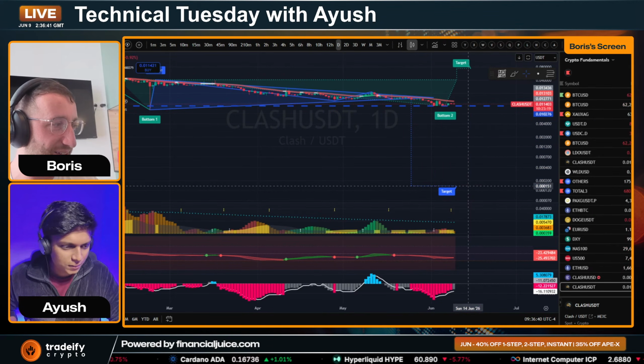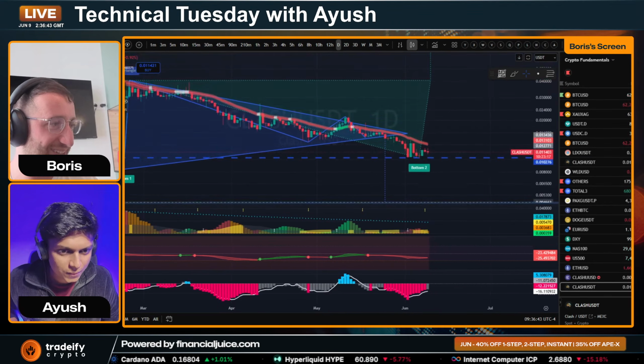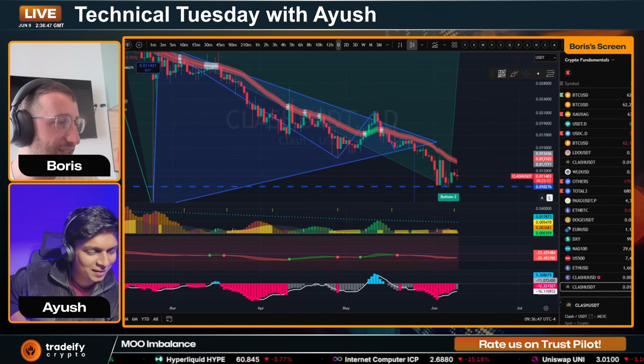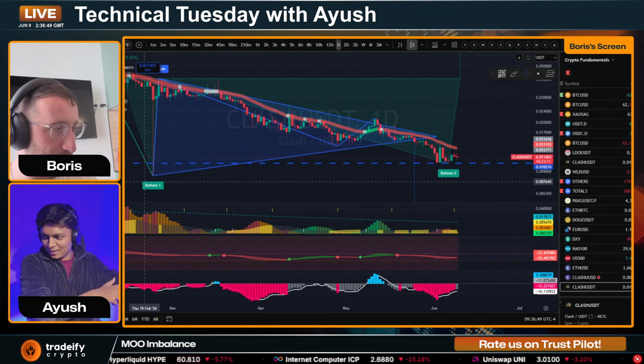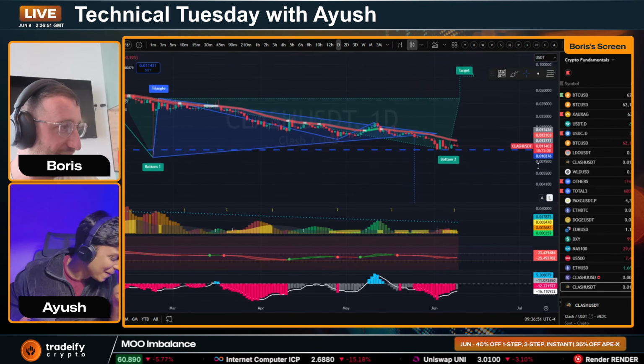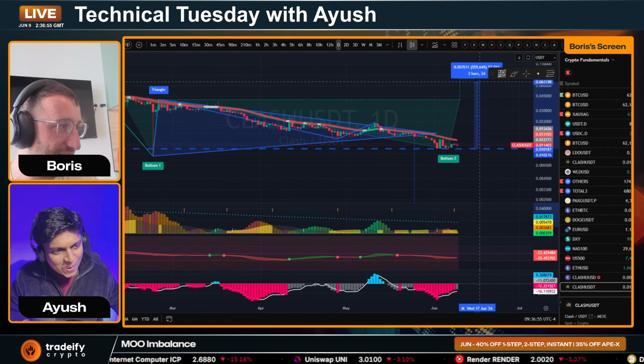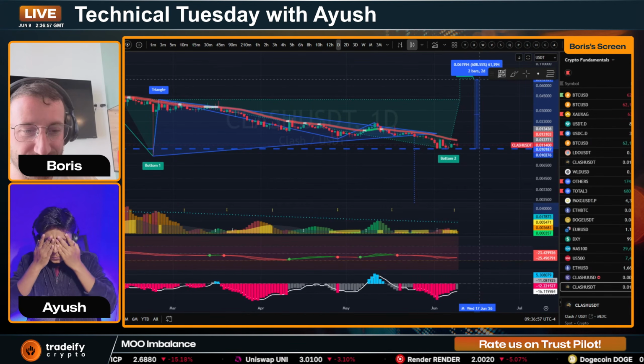But the bullish case. Well, hold on. That's one possibility. The second possibility is that this is a double bottom, and Clash can move up by 600%.